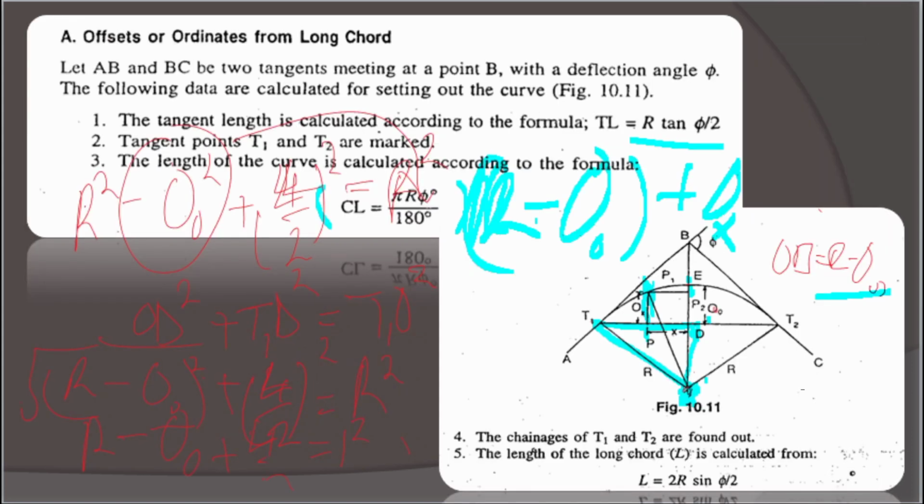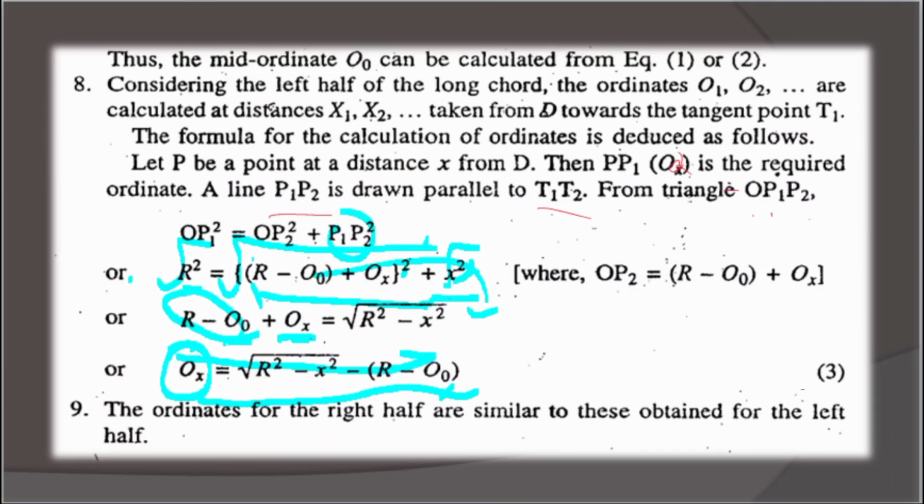I hope you have gotten the concept of how they got these values here, the representation of that triangle there. So the ordinates for the right half are similar to those obtained from the left half. So this is the formula that is going to be used.